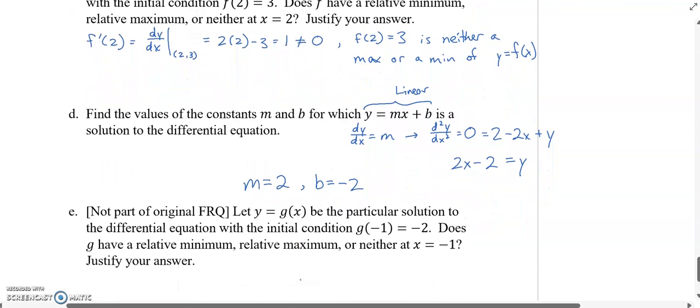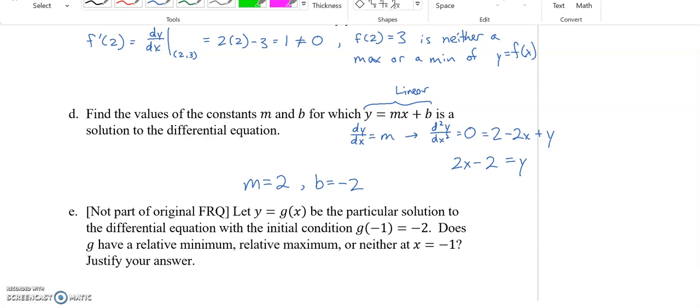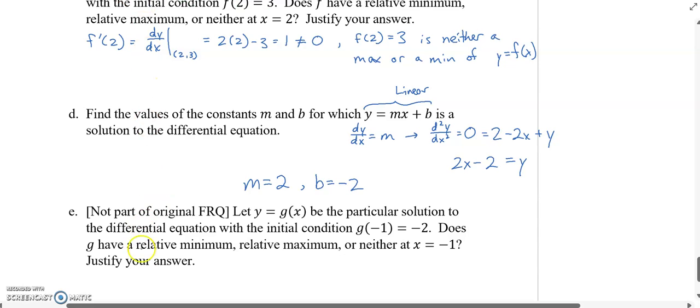So let's take a look at this. This is the same question as part C. Does this point have a local maximum, minimum, or neither? And we can answer that the same way, right? We know that g prime of -1 is equal to dy/dx evaluated at the point -1, -2.